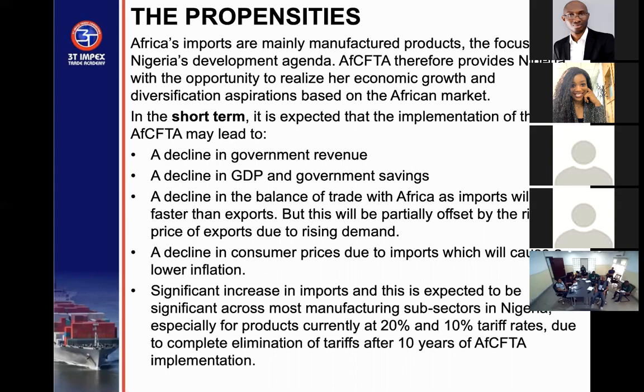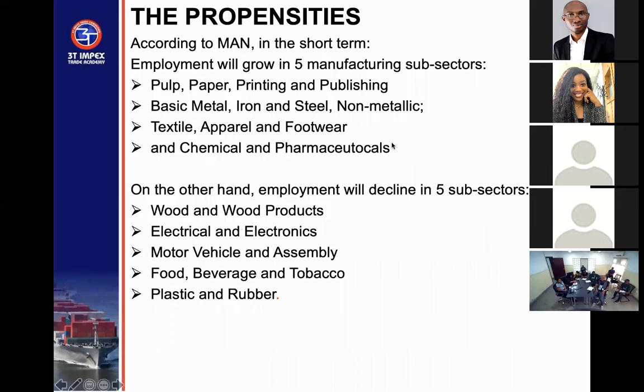There is expected to be a significant increase in import, and this is expected across the manufacturing subsector, where there will be a gradual decline in the duty payable. However, look at the subsectors of manufacturing that will be impacted positively and negatively.